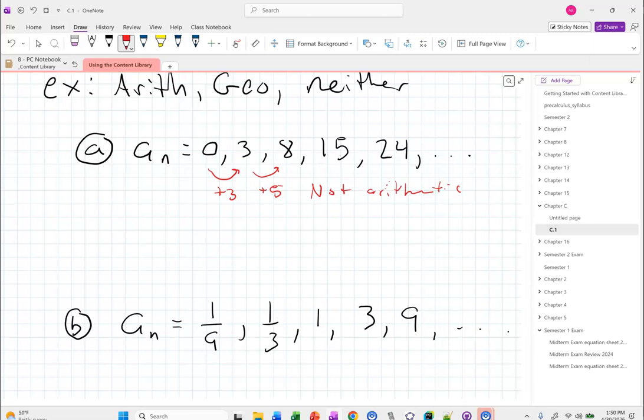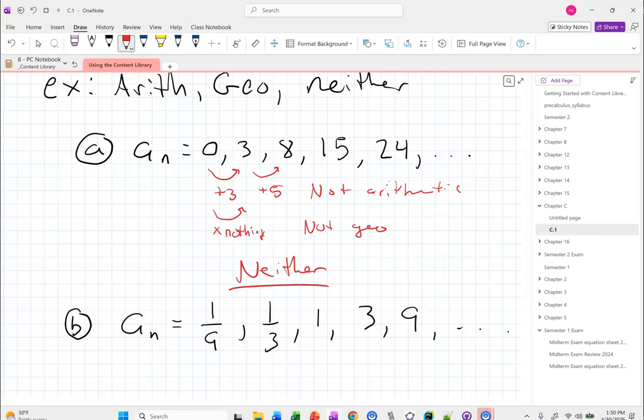Because the first two are not the same addition. And I know that there's nothing I can multiply 0 by to get to 3. So this just has to be neither. Nothing I multiply by 0 is going to get me 3. So immediately I can see it's not geometric.